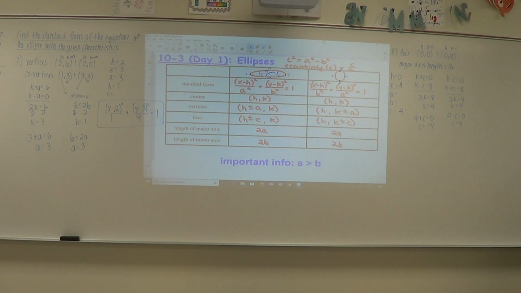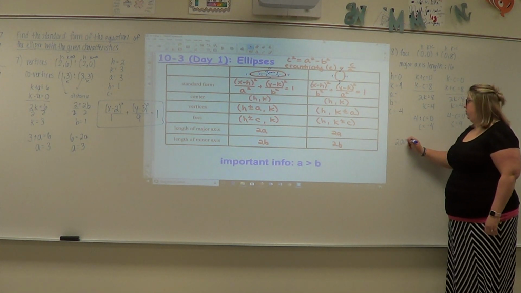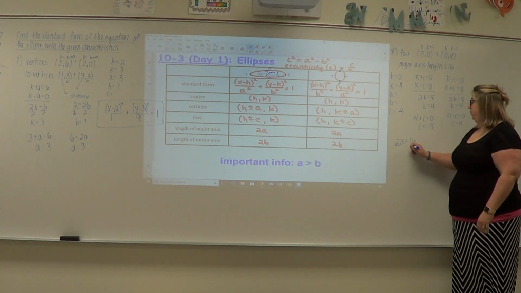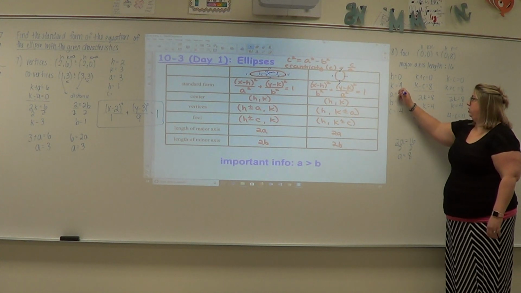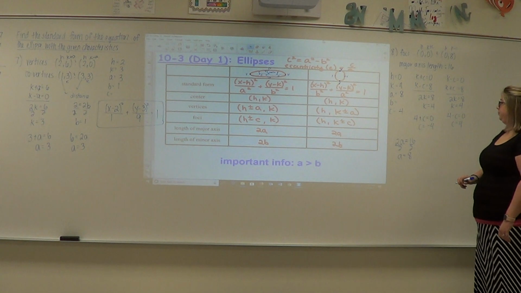Alright, then length of the major axis. What's our formula for that? 2a. So I know 2a equals 16, so what's a going to be? 8. Okay, I have to have b for my equation, so how would I find b? That formula.